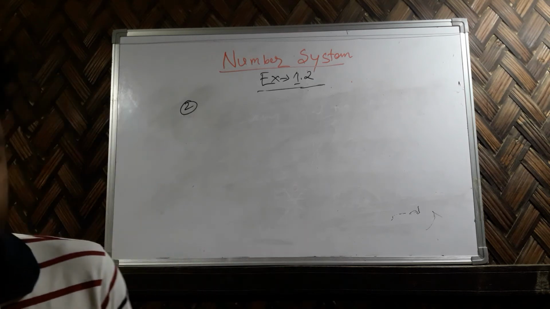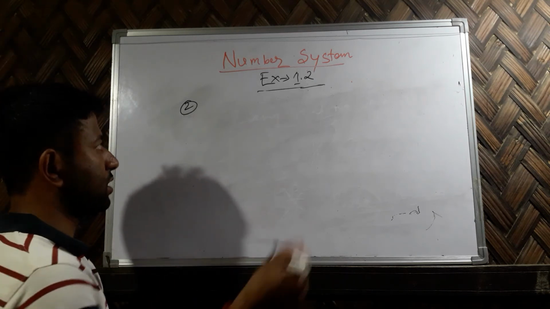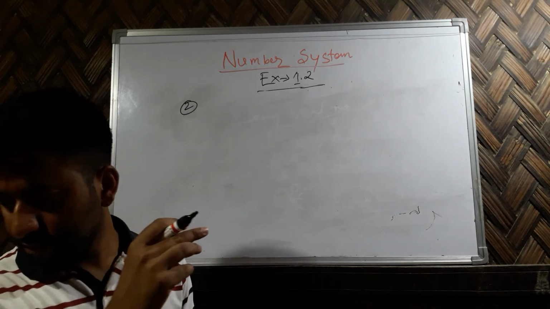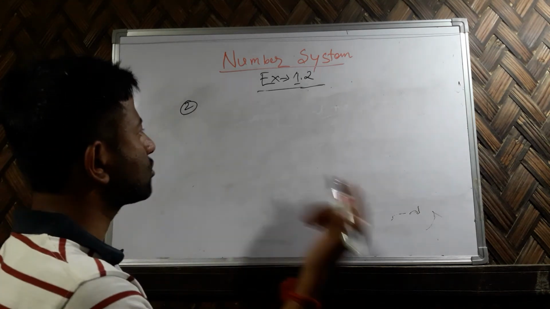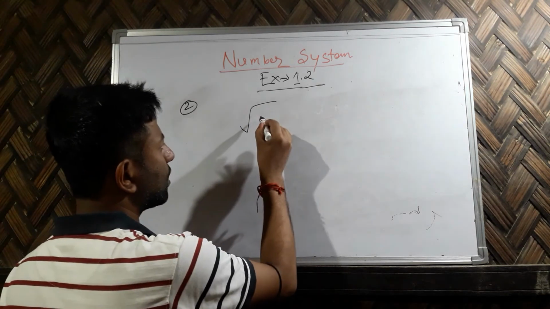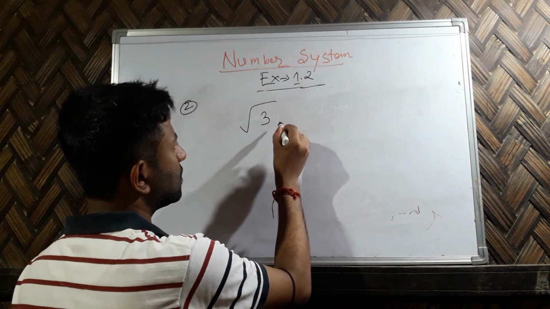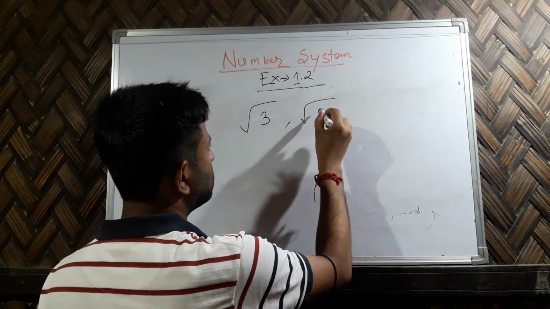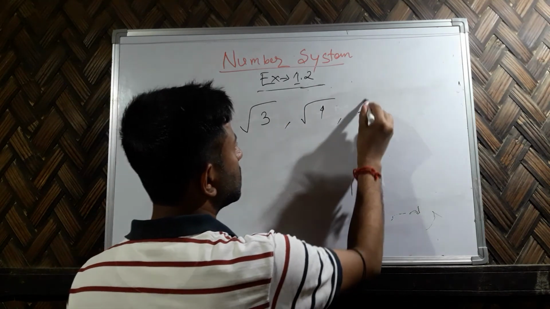That's a wrong statement. They are asking about square roots of any number. Suppose square root of 3, square root of 4.